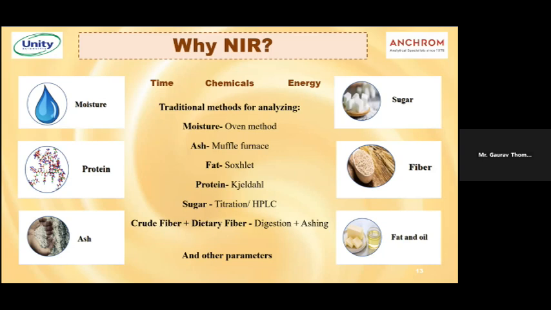Next is labor intensive process. Testing is a labor intensive process, and there is the need for higher throughput. Of course, a company with good production that wishes to upscale its analysis can go for it, right?